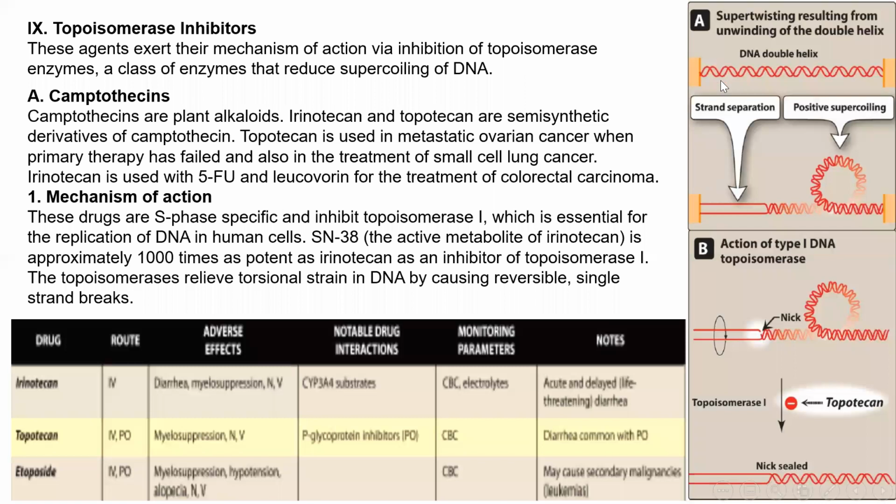So let's take a look at this figure just to explain more about topoisomerase. During replication, it is important for the two strands of DNA to be unwound or open in order to give enough space for other proteins to combine with each strand and transcribe DNA into RNA.